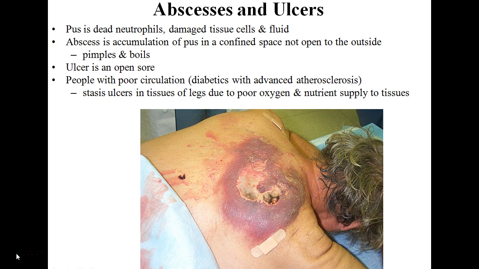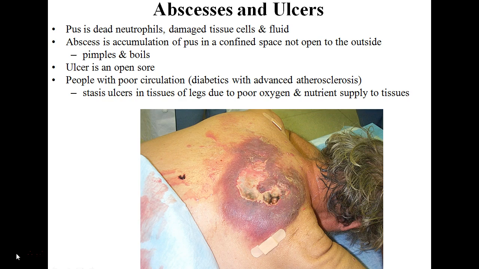It contains dead neutrophils, and that pus contains damaged tissues, cells, cellular debris, and fluids. So this thing called an abscess is an accumulation of the pus in a sort of walled off area. And because it's walled off, the result is that pus cannot clear.